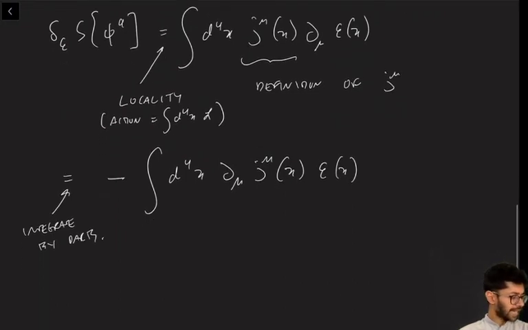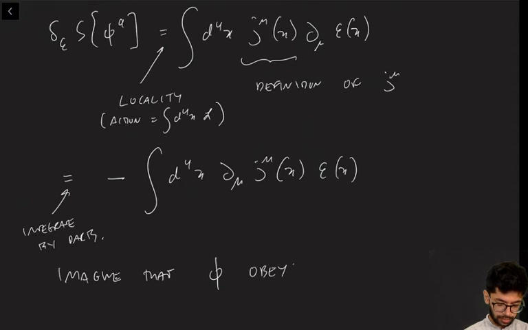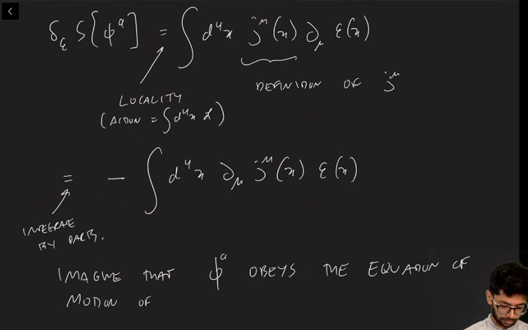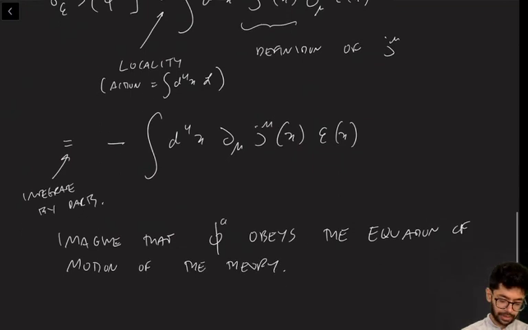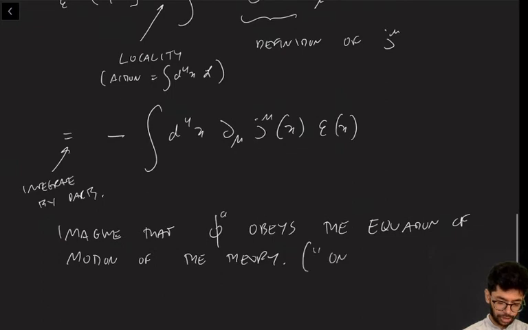So, but why am I doing this? Well, I want you to now consider, imagine that phi obeys the equations of motion of the theory. This lingo is sometimes called on-shell. On-shell means obeying the equations of motion of the theory.